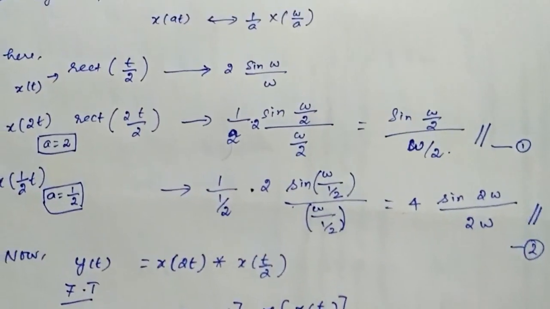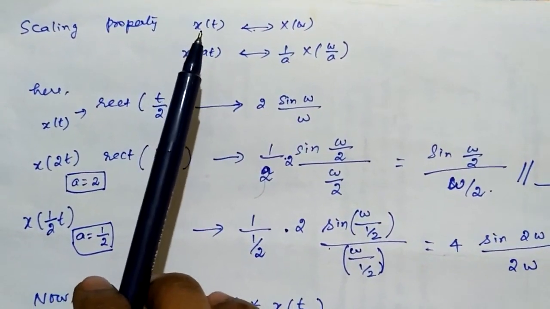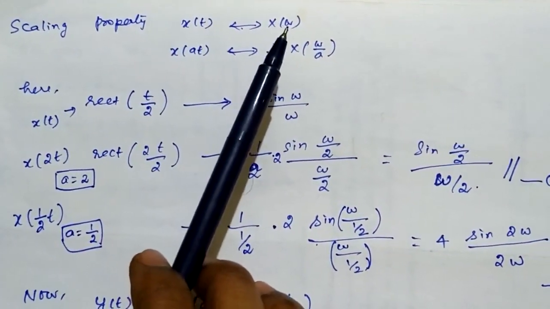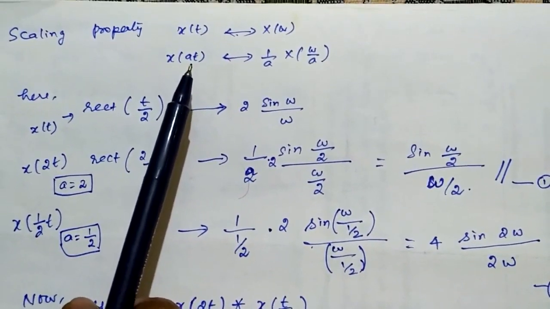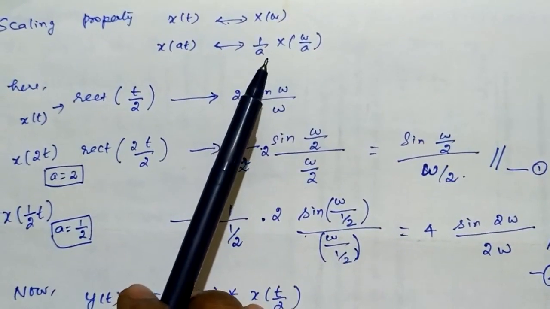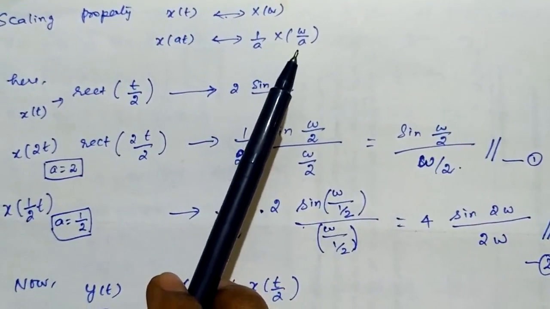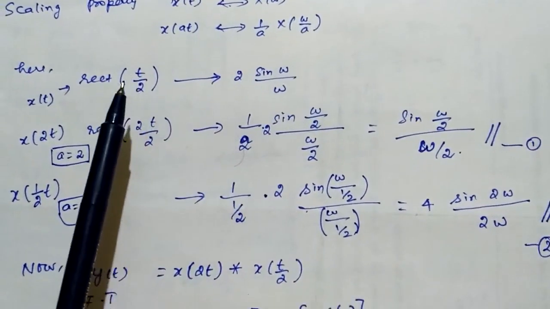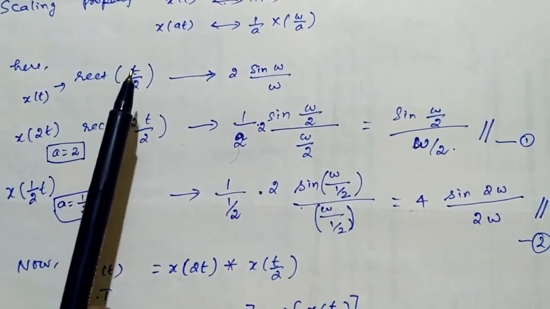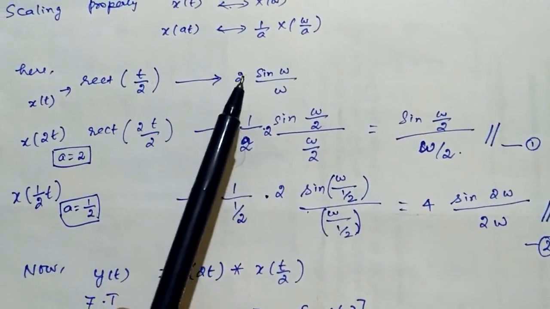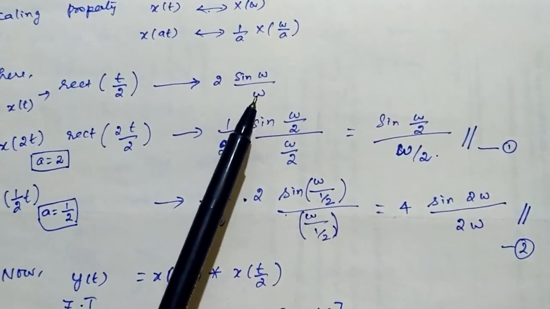To proceed further, we must recall the scaling property of the Fourier transform. x of t, whose Fourier transform is x of omega, if this signal is scaled by an amount a, has the Fourier transform 1 upon a times x of omega replaced by omega by a. In the previous page, we found that rect of t by 2 has the Fourier transform 2 into sine omega by omega.